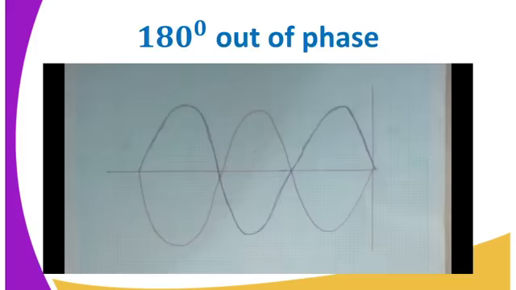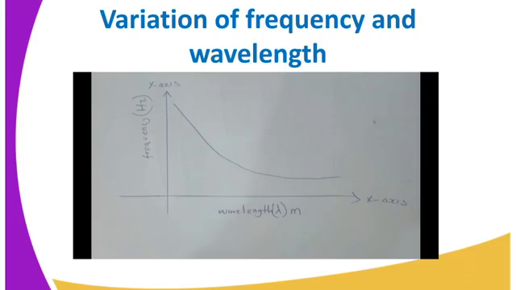And that is why, looking at the sketch of the graph where frequency has been plotted against wavelength, when the frequency increases, the wavelength of a wave is reducing. So that gives us the relationship between frequency and the wavelength.